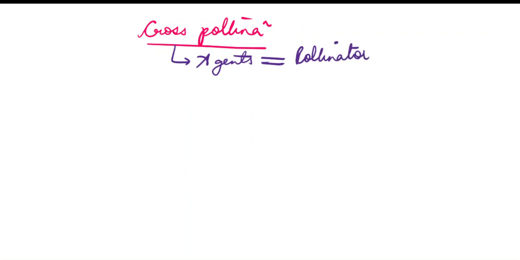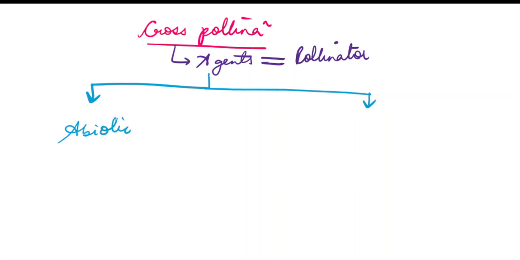The agents are of two types. They can be abiotic, which means non-living agents, and they can also be biotic agents, which means living agents.